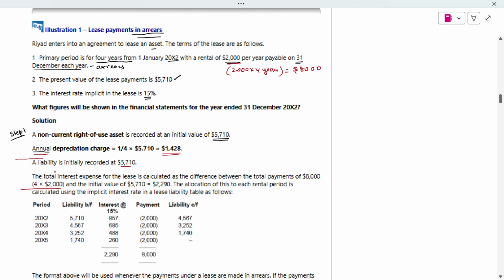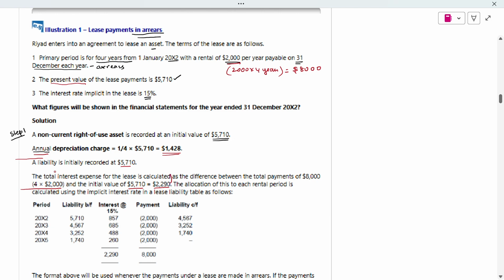But the rule says that we have to calculate the present value. In the end, with interest, it will be 8,000 at the end of 4 years. That is the reason. The total interest: the initial value is 5710, and the difference is 2290.